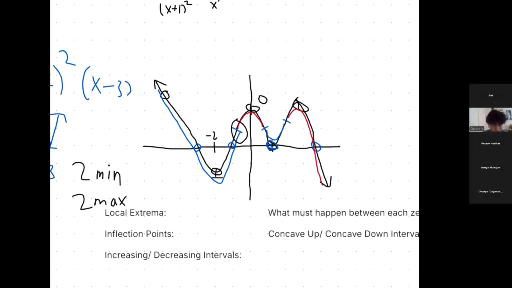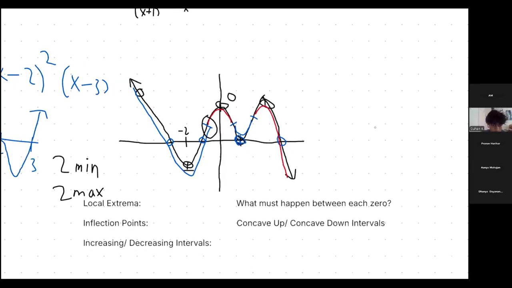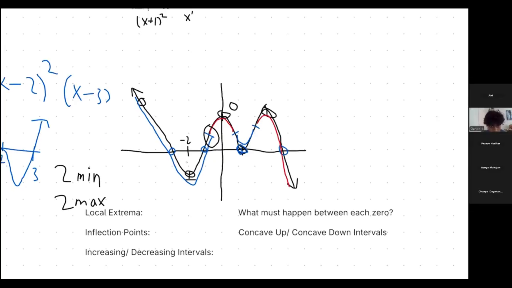So increasing, decreasing intervals, right? So let me give points for all extrema. This is at x equals -2, x equals 0, x equals 1, and x equals 2. Okay, so first let's look at decreasing.